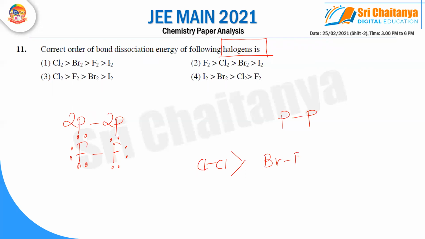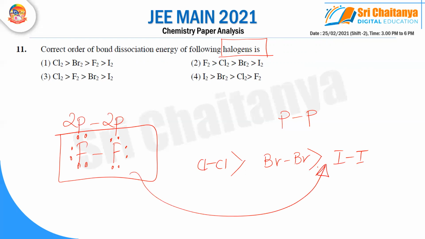Then we have Br-Br, and then iodine-iodine. But because of this repulsion, the bond energy of F-F is also decreased, and it falls below Br-Br but above I-I. If you go in kilocalories, it's something around 58 kilocalories for Cl2, 46 kilocalories for Br2, fluorine is roughly around 38 kilocalories, and iodine is roughly around 36 kilocalories. So if I go by that, I have option 1 most appropriate.